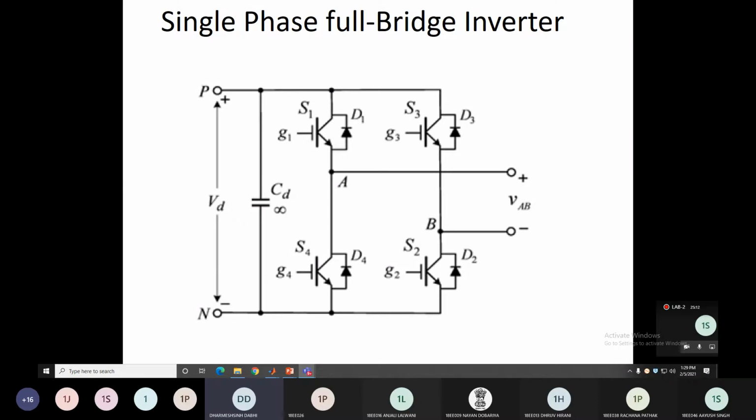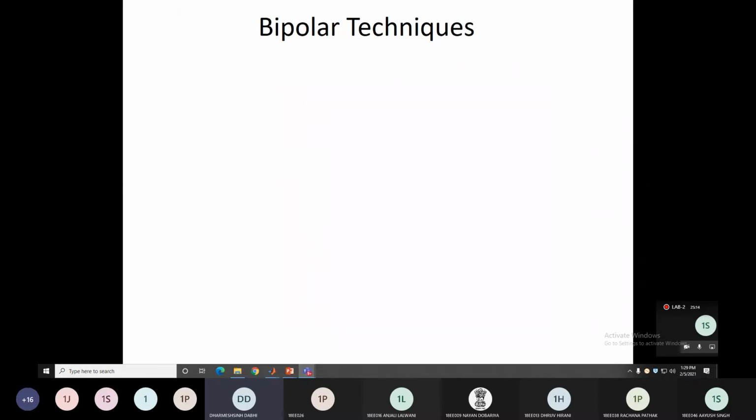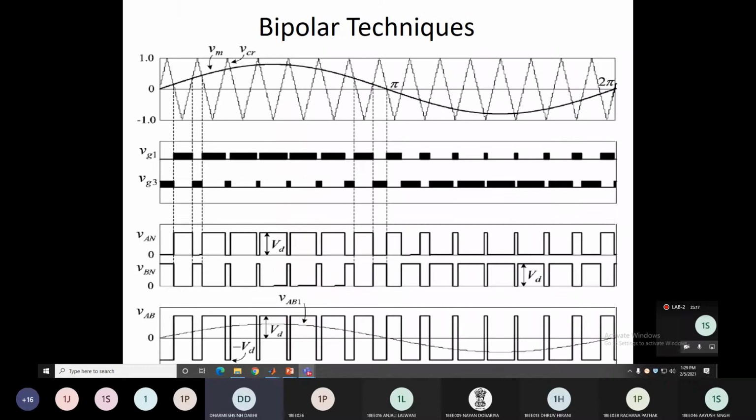Okay. So in this method, you will see here, we compare the sinusoidal reference signal, this is your sinusoidal reference signal, with the high frequency triangular wave. What is the frequency of this triangular wave?